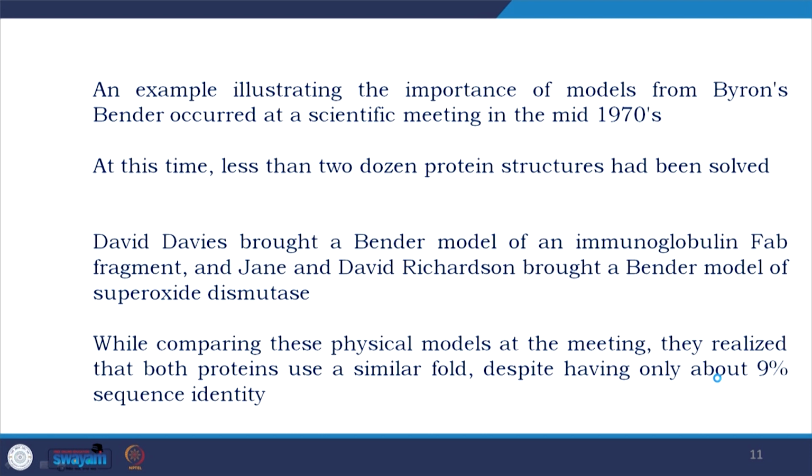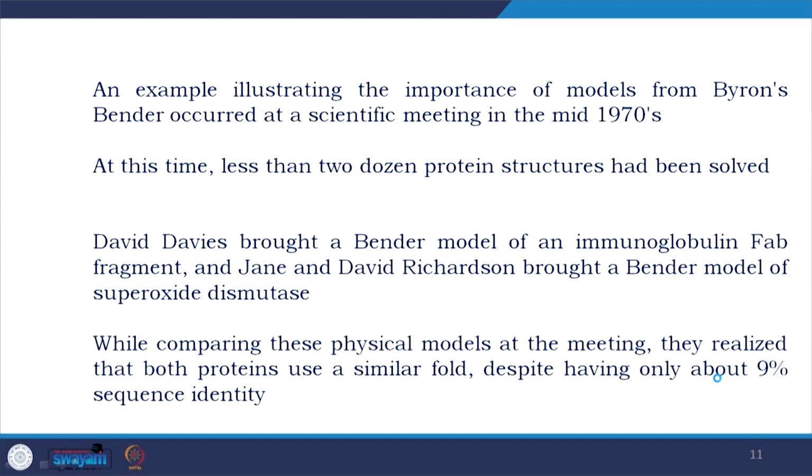While comparing these physical models at the meeting, they realized that both proteins use a similar fold despite having only about 9% sequence identity. At that time, as I told you, computational sequence alignment and structure comparison were not available. David Davies' group had solved the immunoglobulin structure. David Richardson's group had solved the superoxide dismutase.